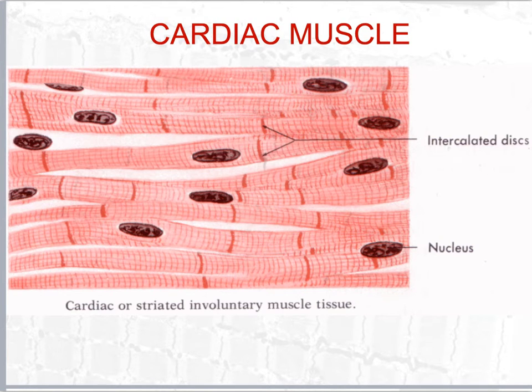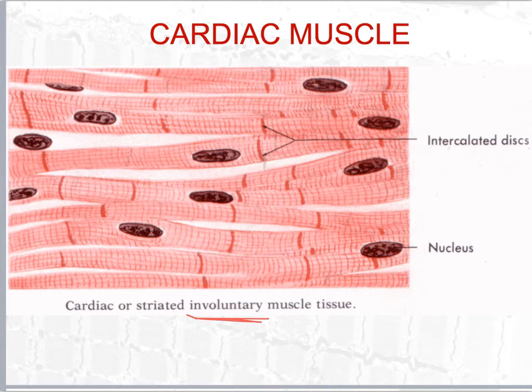Cardiac muscle, it is striated, so similar to skeletal muscle, you can see the striations there, but unlike skeletal muscle, it is involuntary. So your skeletal muscle is like you can move when you want to move, but your heart beats all the time.